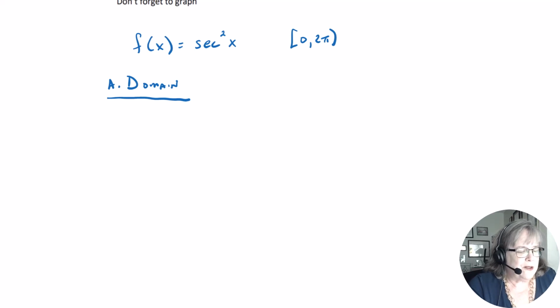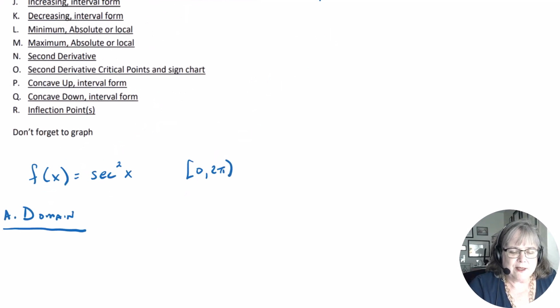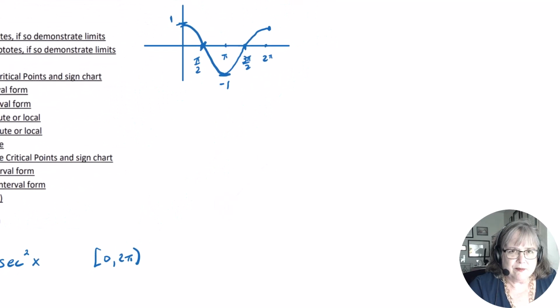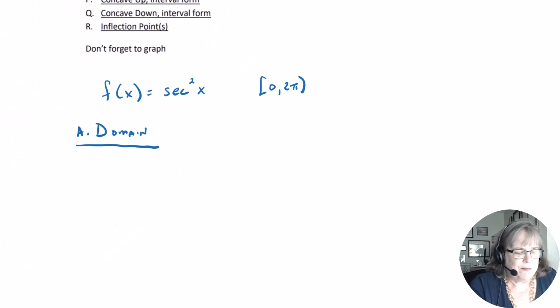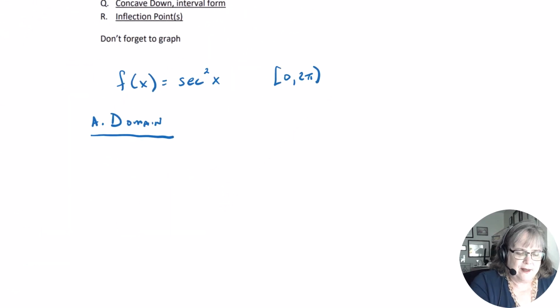So let's talk about the domain. Now, the domain for cosine is -infinity to infinity. But remember where cosine is equal to 0. When you take 1 over 0, that's undefined. So secant is undefined when cosine is equal to 0.